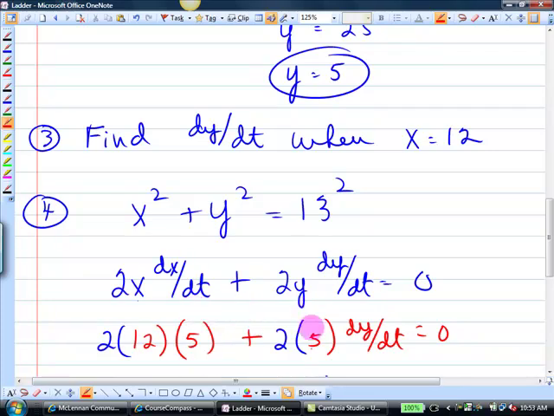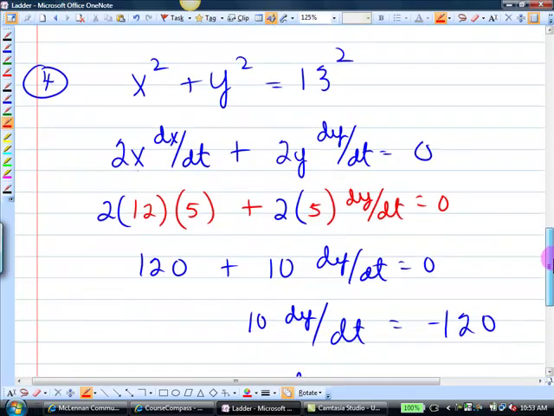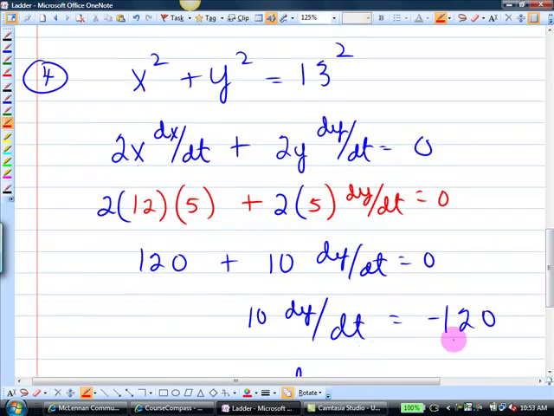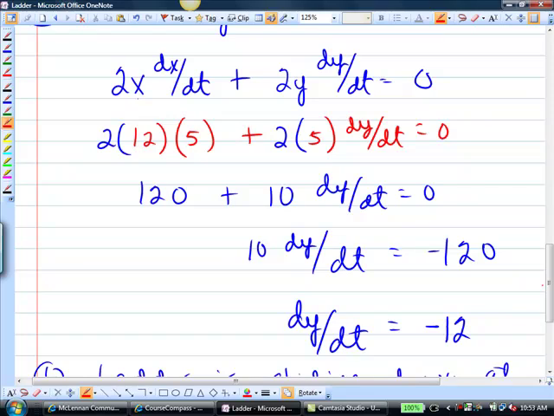We know y was 5 because we found that. And what are we trying to find? dy/dt. You should get to a point where everything gets filled in except the one variable that you're trying to find. So when you do that, you get 120 plus 10 dy/dt equals 0. Subtract the 120 and then divide by 10. You get dy/dt is negative 12.